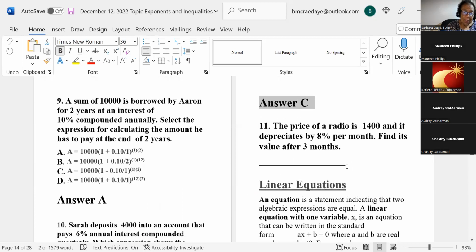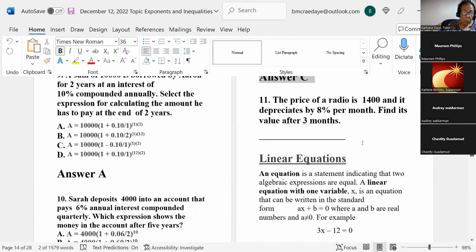Now 11, Audrey, you had that one right. You want to tell us how you did it? How did you calculate 11? I take the 1400 and I put 1 into the parentheses and subtract 0.08%, and then I multiply it with the 3.